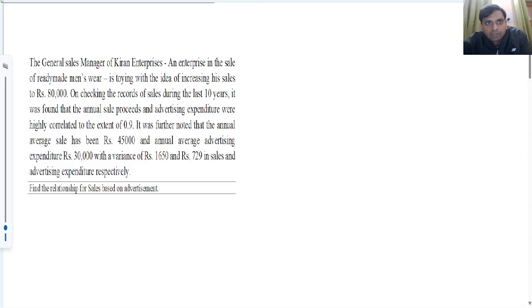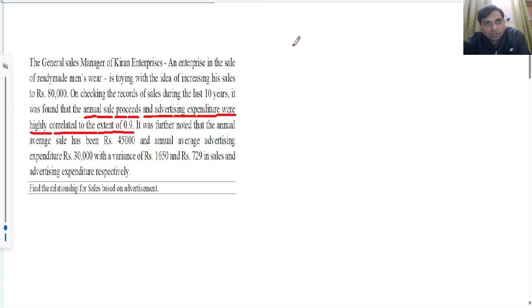So this is the main line of the question. Annual sales proceeds and advertisement expenditure were highly correlated to the extent of 0.9. So in this question we are talking about two things: first is advertisement and second is sales.